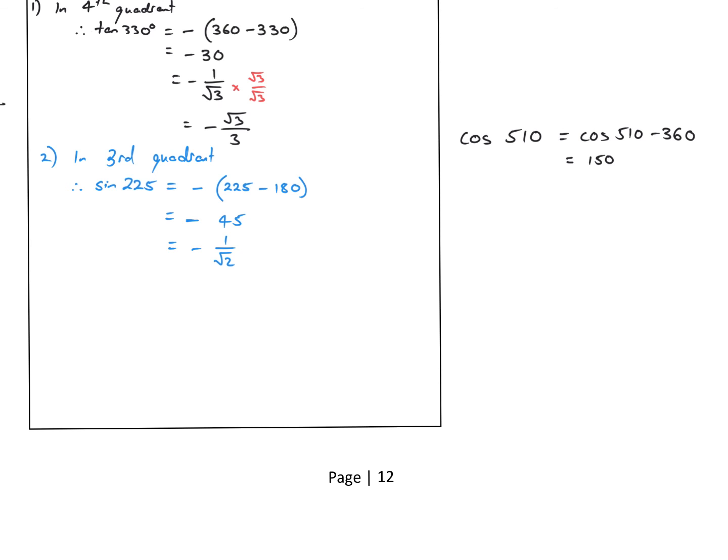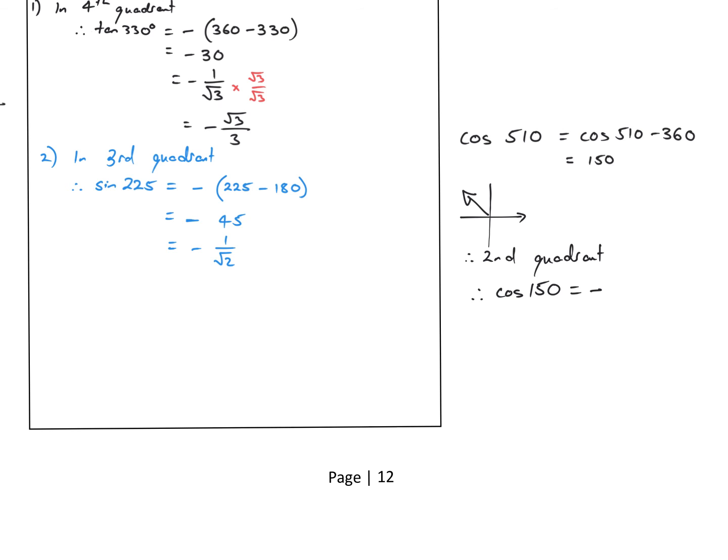Okay, so which quadrant is 150 degrees in? Second quadrant. Okay, so therefore cos 150 is equal to... sorry, is it going to be positive or negative?